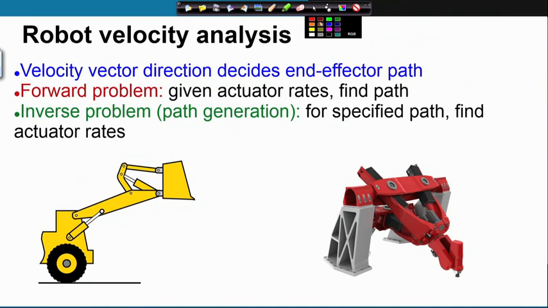If you consider that this point of the bin has to traverse this path, then you need to specify velocities which are tangent to this path. As you know, velocity vector is always tangent to the path that a point takes.